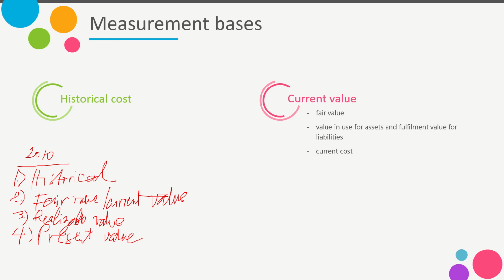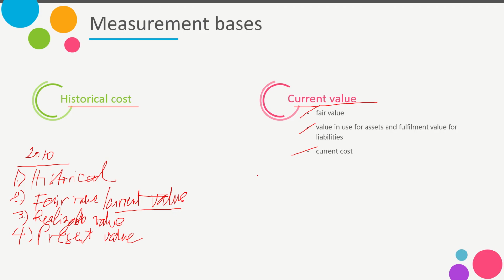So these are the four measurement bases in the 2010 version. However, when it comes to 2018, we have the historical cost, which was retained, and then we have the current value, which was also retained. However, the current value now includes the discussion of fair value, value in use, and fulfillment value, as well as current costs.